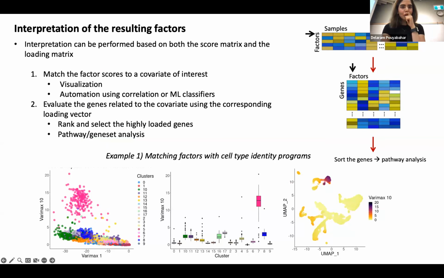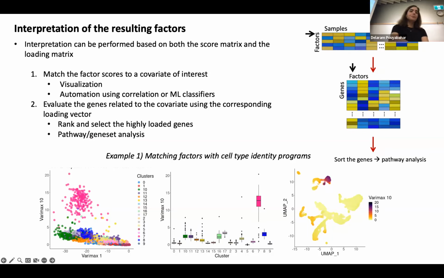Okay, so let's talk about interpretation. Before going into the details, I just want to mention that performing interpretation can be done using both the score matrix and the loading matrix.